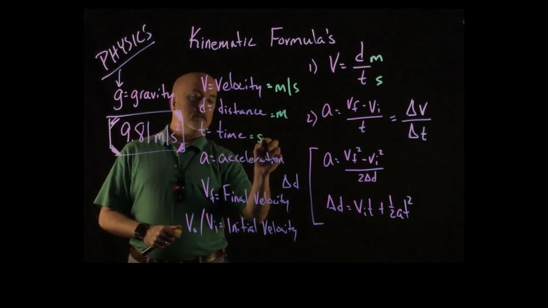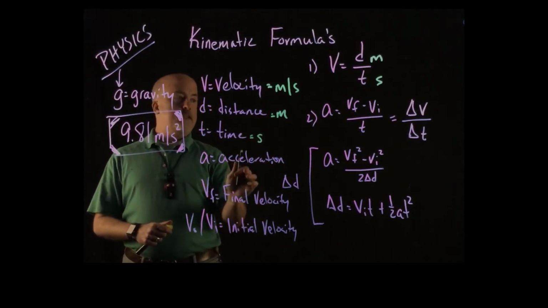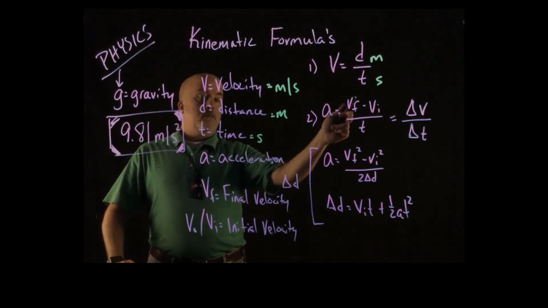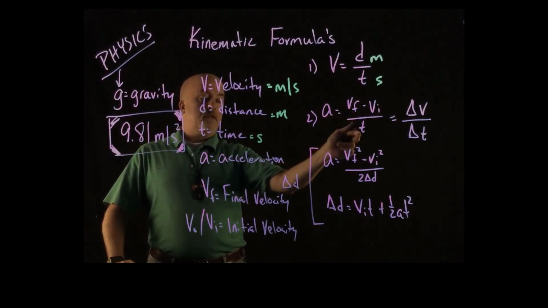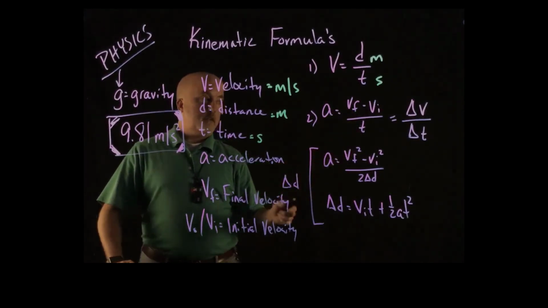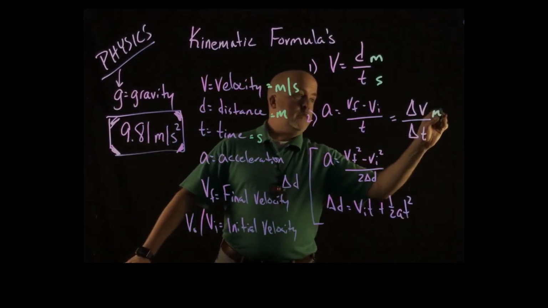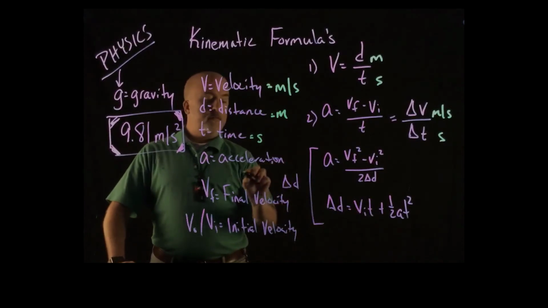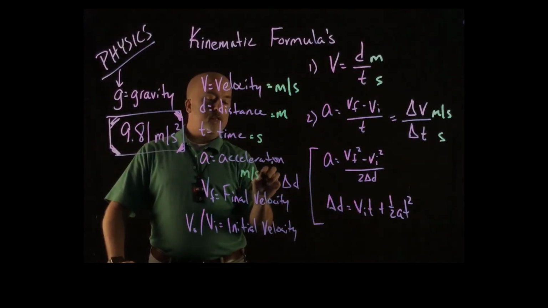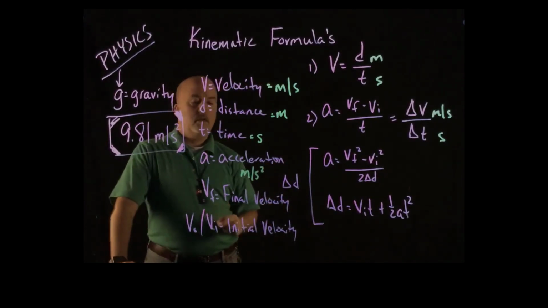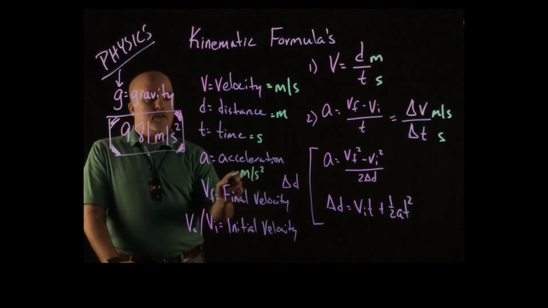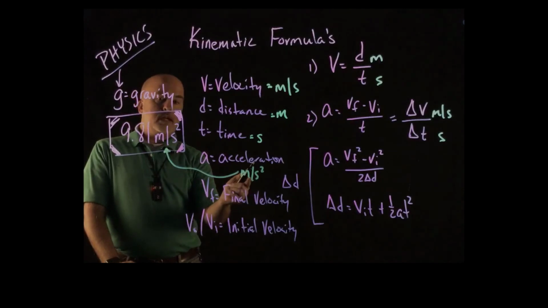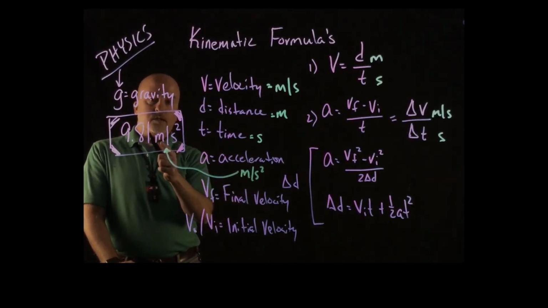It's in what? Seconds. Right? Acceleration: I have a meter per second over a second. Okay, right? Velocity is measured in meters per second over a second. So that is meters per second squared. Do you see a correlation? Meters per second squared, meters per second squared.